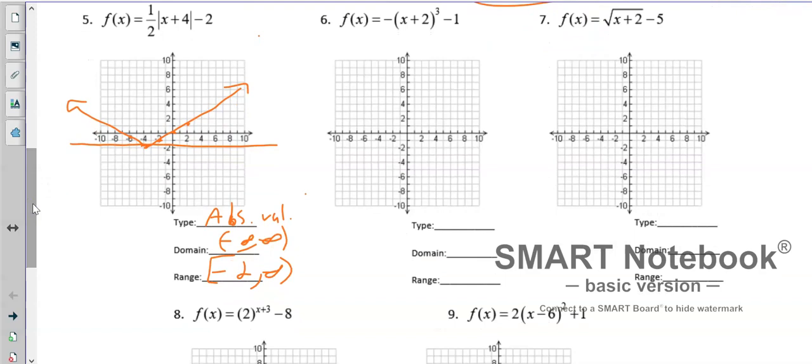Okay, the next one, you can even do this first. It's a 3, so that's a cubic. And domain on a cubic is always -infinity to +infinity. And all we're going to do is, again, put this in our calculator and get some points.